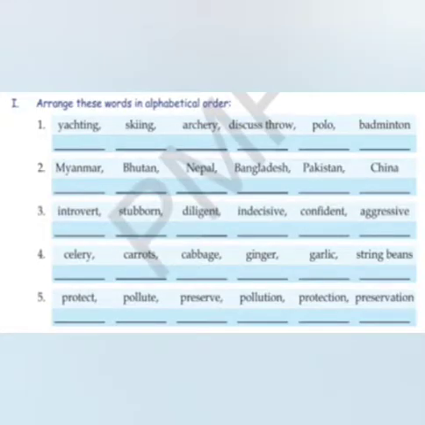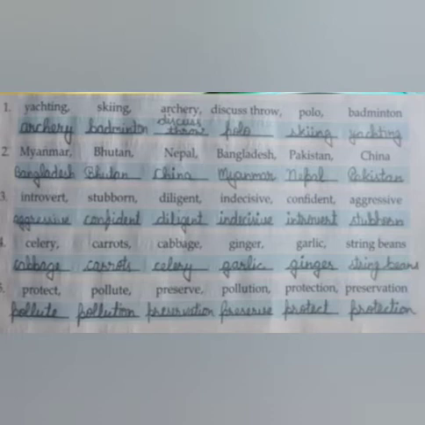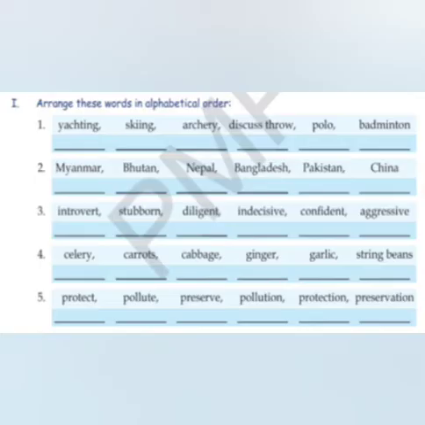Now we have number 3, and the words given are introvert, stubborn, diligent, indecisive, confident, and aggressive. So its order will be: aggressive at first, then confident, after that diligent, after that indecisive, then introvert, and at last stubborn.